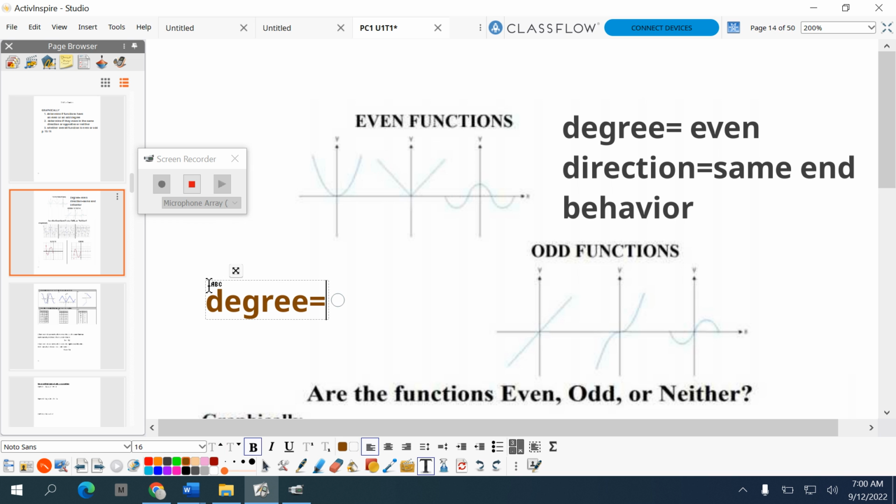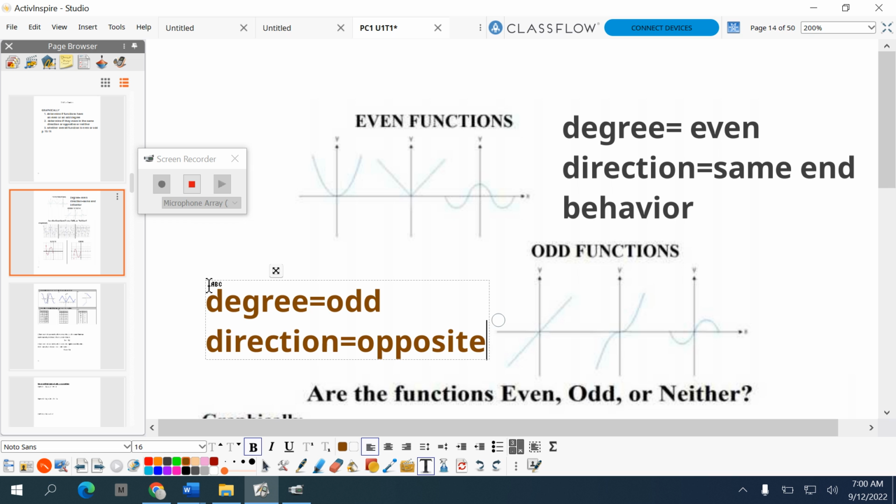Now here, the degree of the function, the first term, is odd. The leading x term is odd. The direction is opposite in behavior. And so the overall function is odd. Sometimes it's not always true.